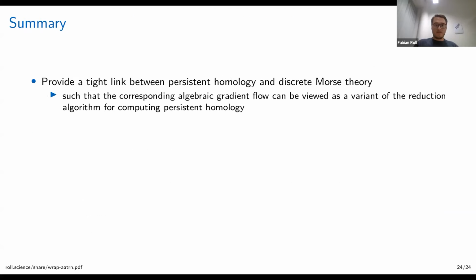At the end of my talk, I just want to make a brief summary of what we learned in our work or in this presentation. First of all, we provide a tight link between persistent homology and discrete Morse theory. And we do this in such a way that the corresponding algebraic gradient flow can be viewed as a variant of the reduction algorithm for computing persistence.